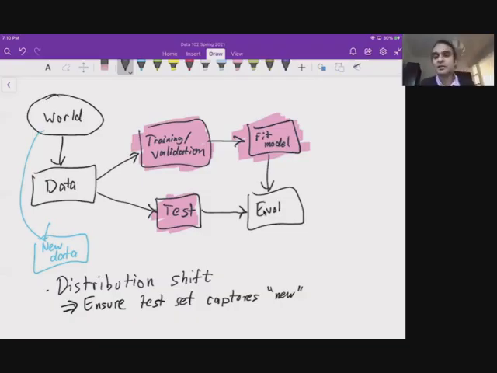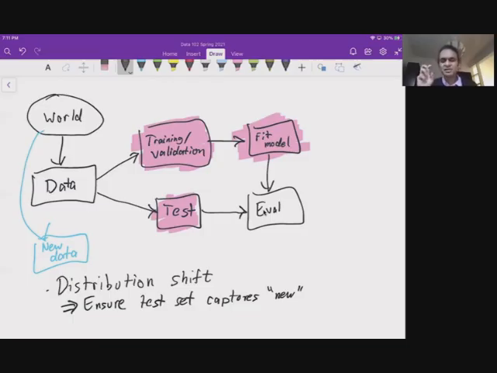Maybe if you're training a model on medical data and you want to predict trends, maybe your training and validation data have patients from 2019, and your test set has patients from 2020, and you see how well you do. Or your training and validation have data from 11 months, and your test set is the next month, right? Whatever setting your model is going to be used in the real world, it's important to capture that in your test set, to avoid this issue of distribution shift.